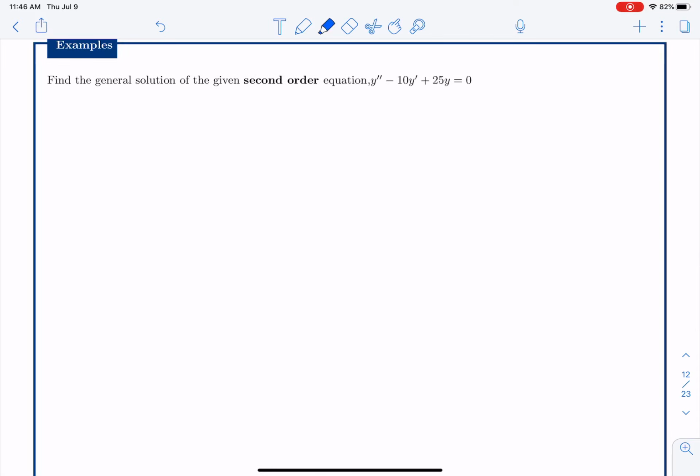So the solution here is C1 e raised 5x plus C2 x times e raised 5x.